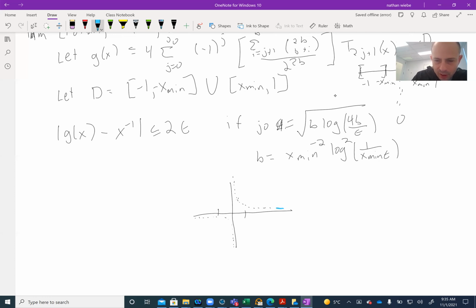And this odd degree Chebyshev polynomial will end up looking like this. Okay, so it's guaranteed that the deviation between the true behavior inside the region D, which again is the union of the two outer regions, is at most 2 epsilon in these two regions. But there's no promises whatsoever about what the error is in the intermediate region.